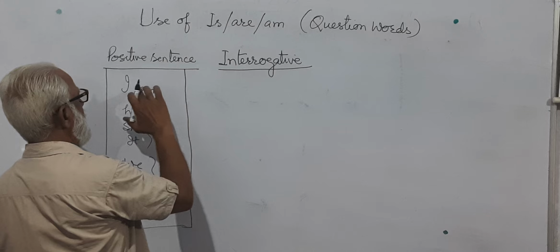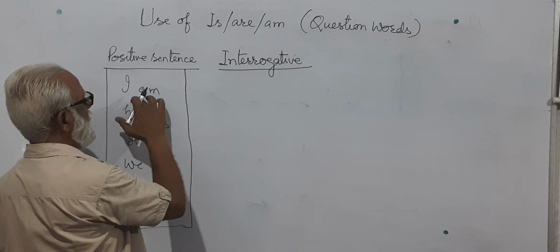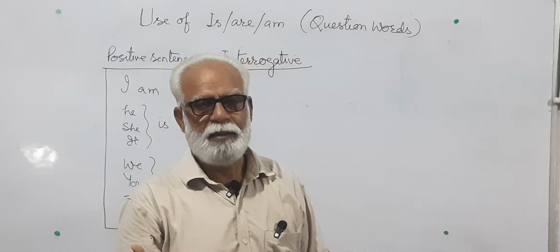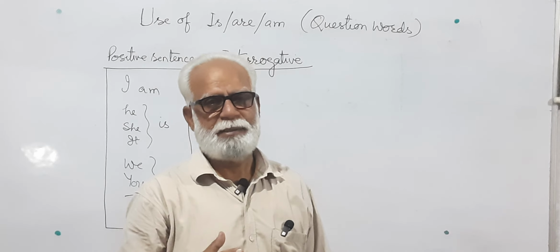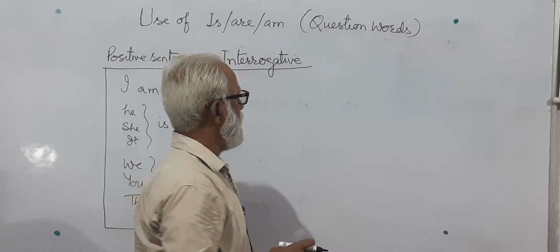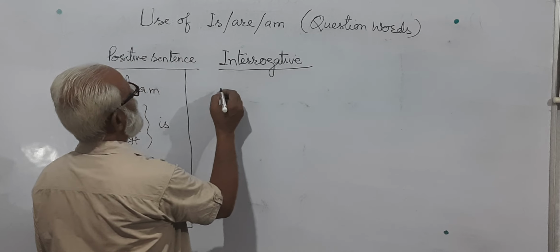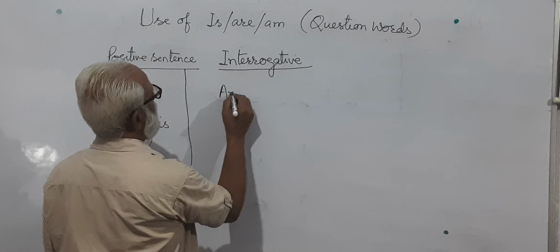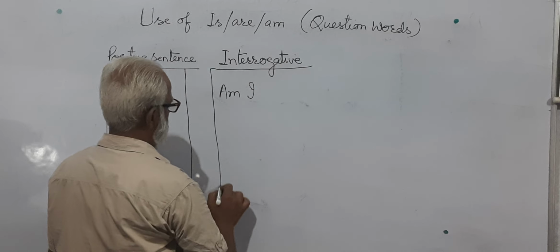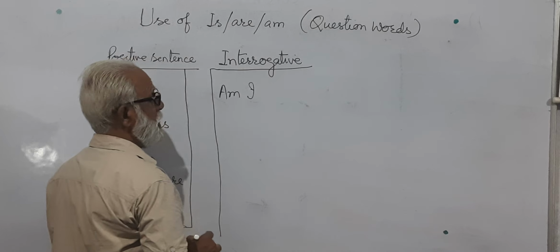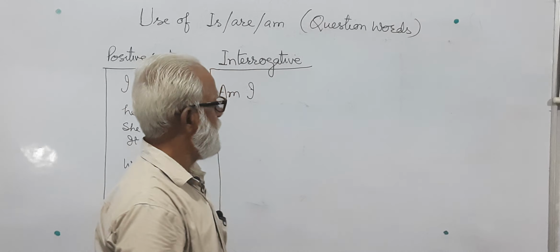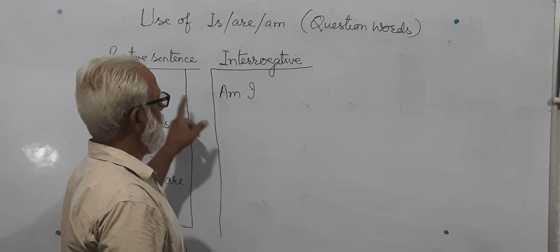If we take I am, तो हम क्या करेंगे? We will rearrange the words. Auxiliary will be taken first: am, then I. This simple change will make the question.